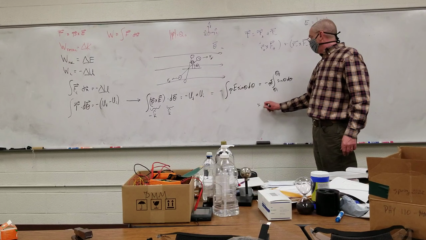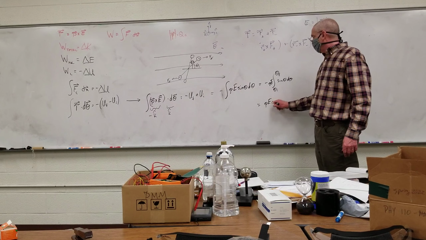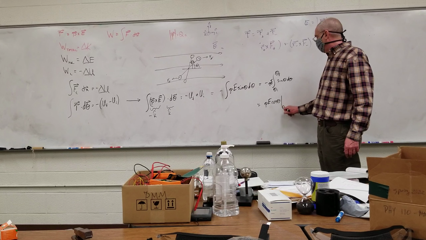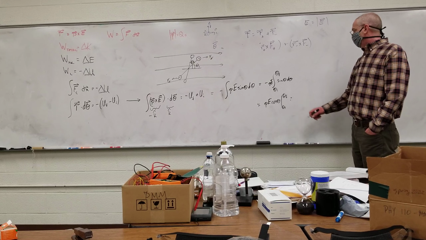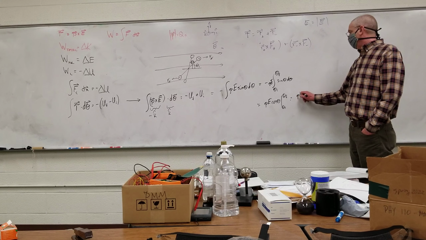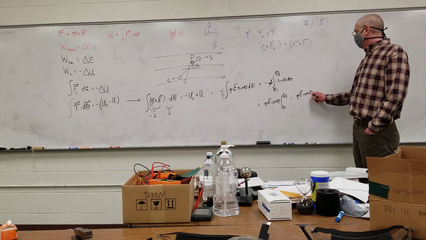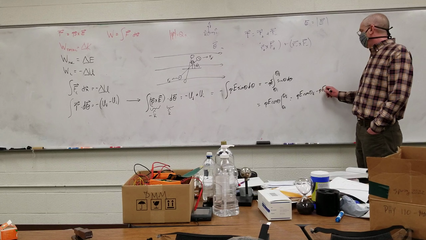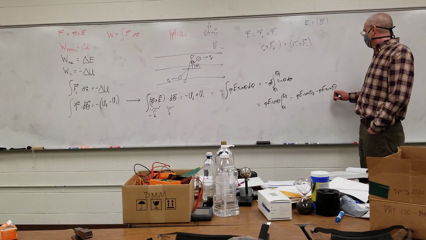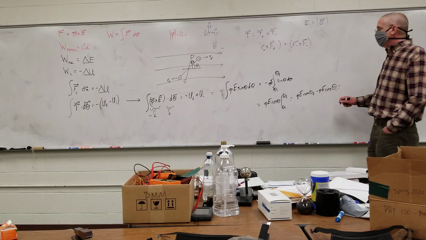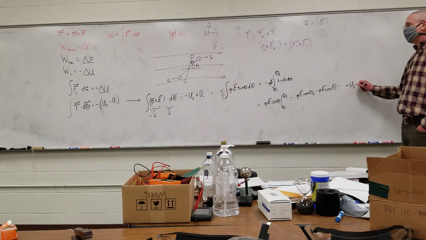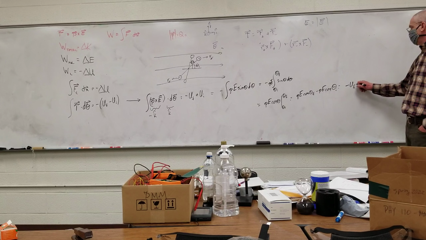So I end up with pE cosine theta from theta initial to theta final, which is pE cosine theta final minus pE cosine theta initial. And that's equal to negative U final plus U initial.